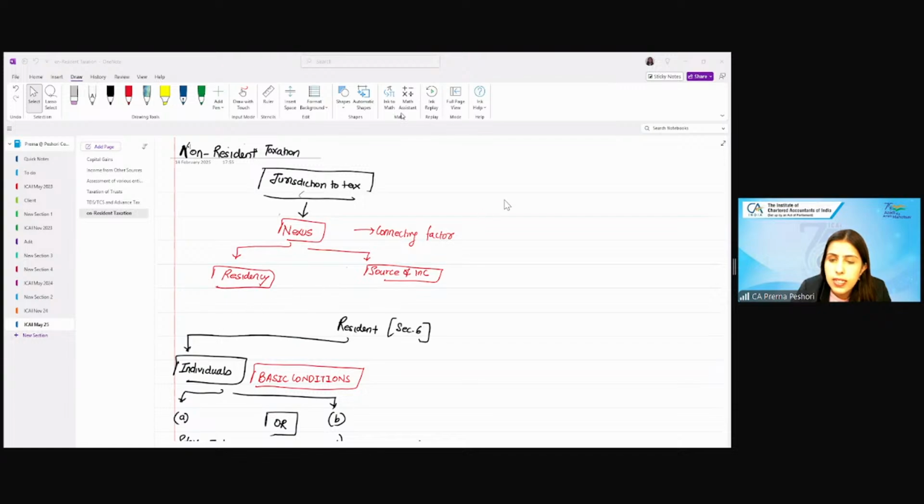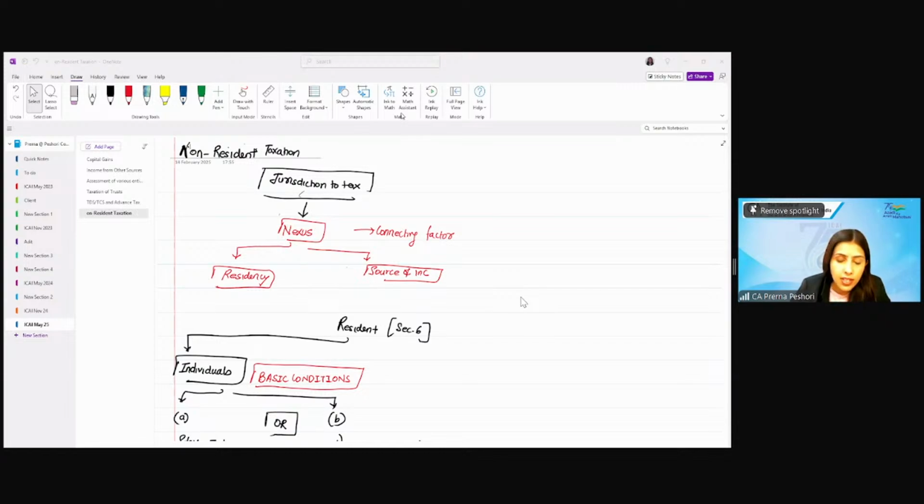Again, the indirect transfer would basically be asked either as a practical question or as a case study, case scenario also. So from that perspective, it is important. However, it has not been tested so far.